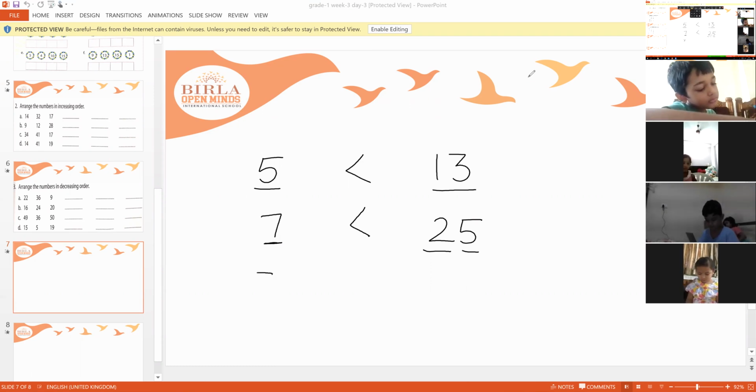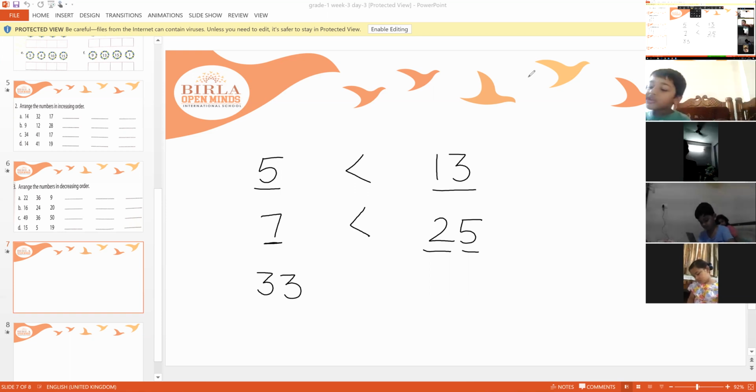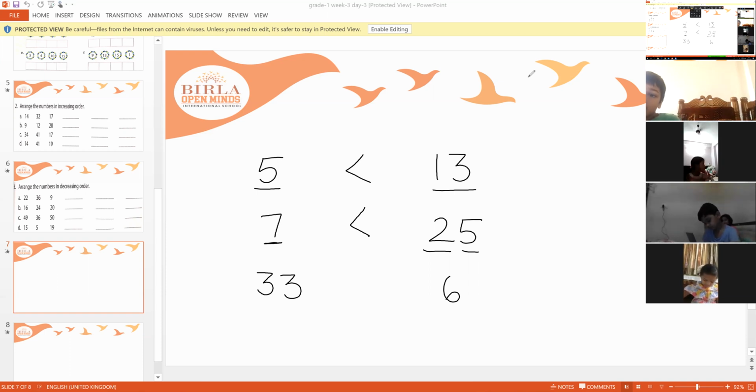Now I'll give you one more example. The number is 33 and here the number is 6. Now we have to tell which number is greater and which number is smaller. In number 33 we have two digits, 3 and 3, and in number 6 we have only one digit.